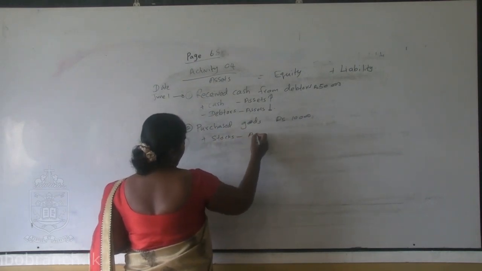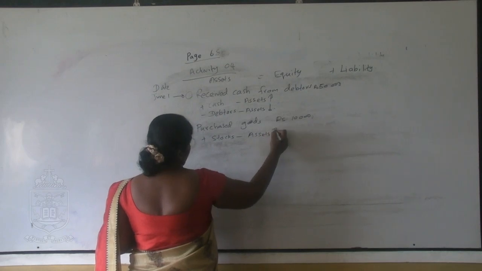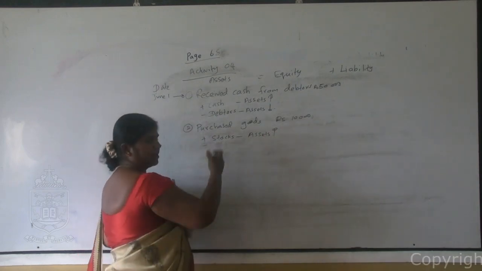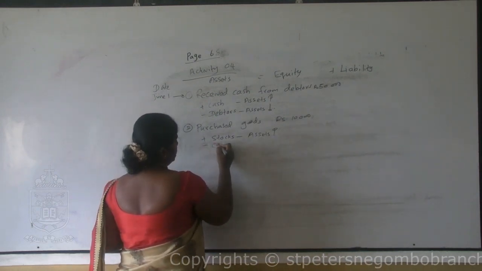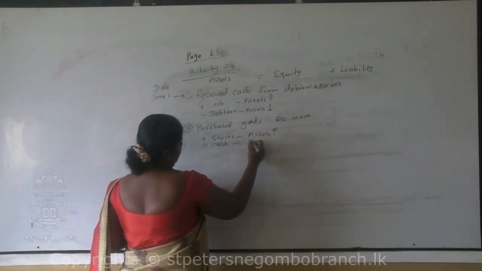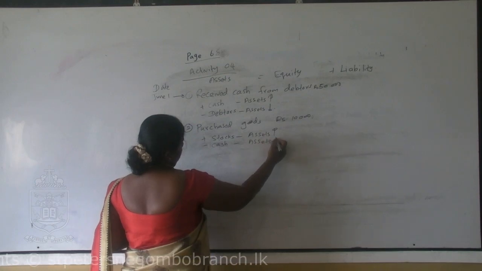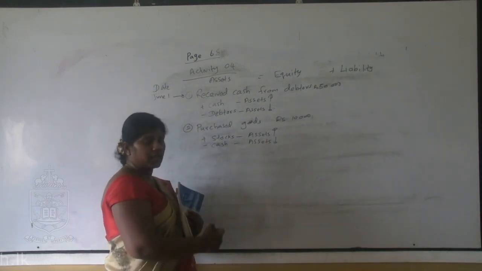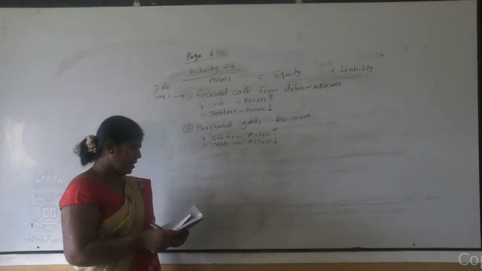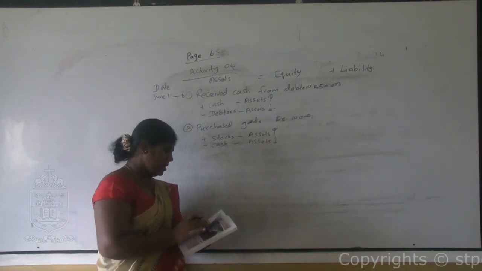So asset increase. And this is on cash basis, not on credit basis. So at that time, cash decrease. That means assets decrease. So likewise, you can create transactions according to the theory that you have given. More transactions you can take.